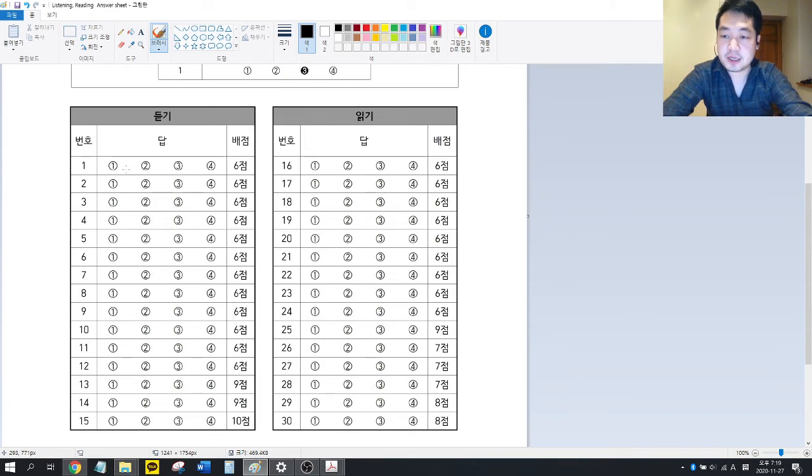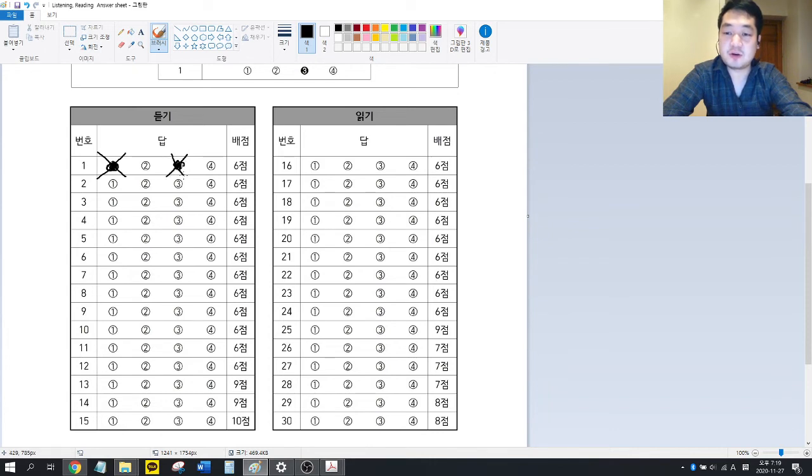So if you think the answer is number one, then just mark like this. But oh, now you realize that you made a mistake. Actually, the answer is number three. Then do like this. Mark it clearly, and then mark three. Oh, now you think actually it wasn't number three.